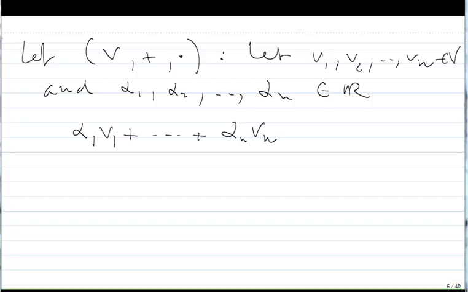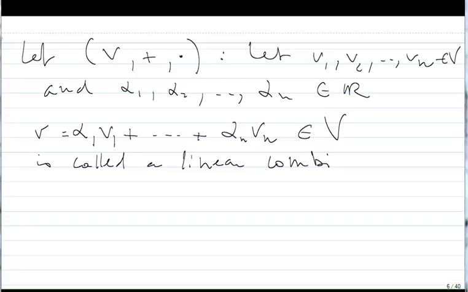This belongs to capital V, where we used the multiplication and the addition of vectors, multiplication by scalar. This here, in fact, has a name. It's called a linear combination of the vectors v1, ..., vn.